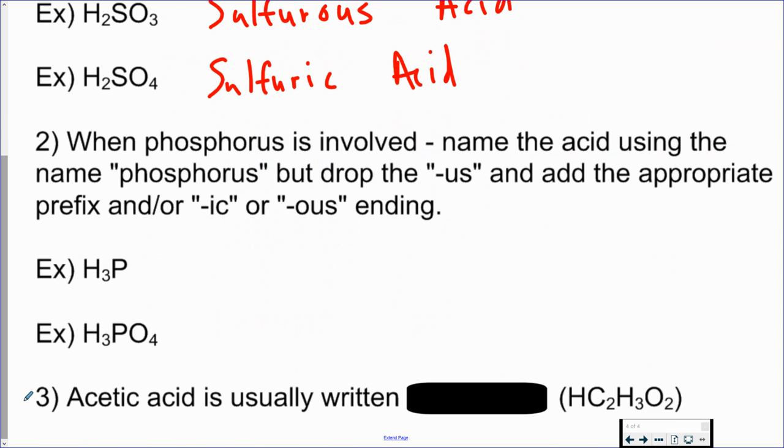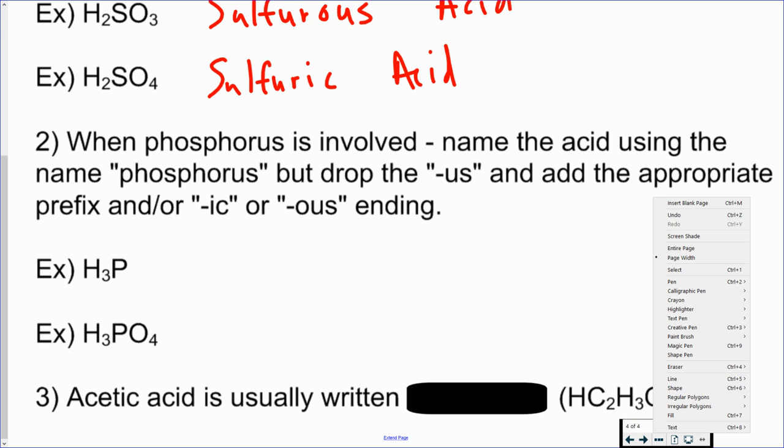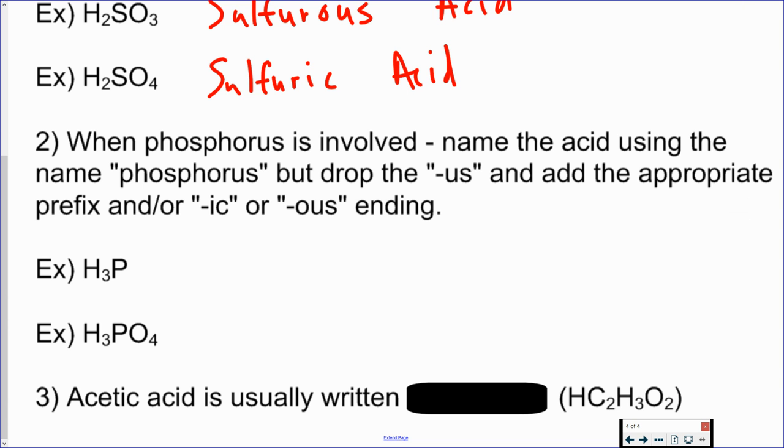The second major exception is those that deal with phosphate. With phosphate, we're going to use the phosphor stem. So we're going to drop the us off of phosphorus and use that for everything.